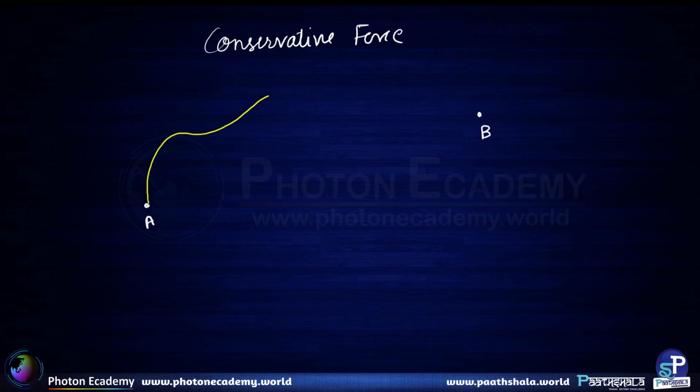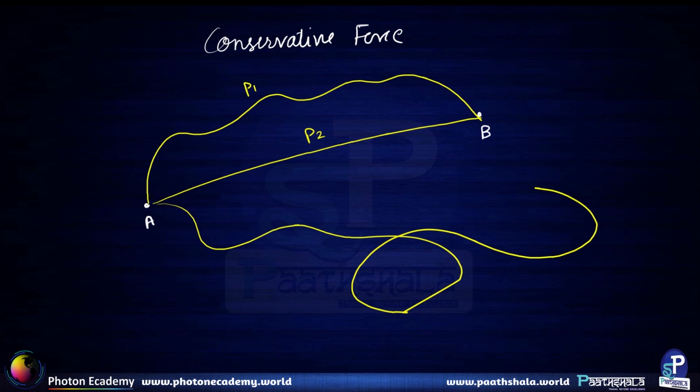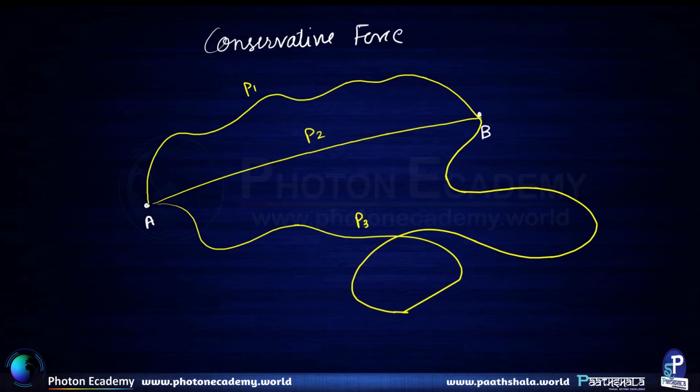The work done by the gravitational force in taking an object from point A to point B is going to be independent of the path. So the work is defined only by the starting point and the end point. It is a state function and not a path function. Because of that, the gravitational force is said to be a conservative force.